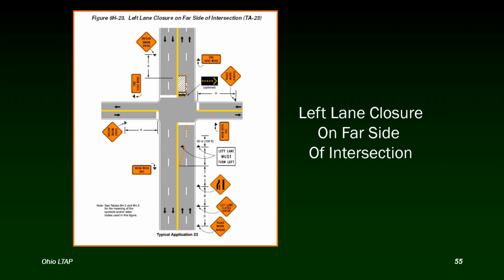When you're working at an intersection, you have to think about the volumes of the turning movements. If you've got a high percentage of traffic turning left, a northbound left at this intersection, you can remove that taper and keep that lane open, but you have to have signs that say left lane must turn left. Typical application number 22 shows how to do that, except it's for the right lane, but you see the idea in that one.